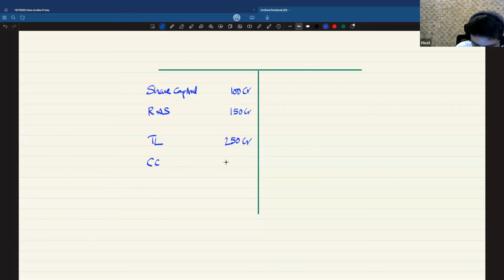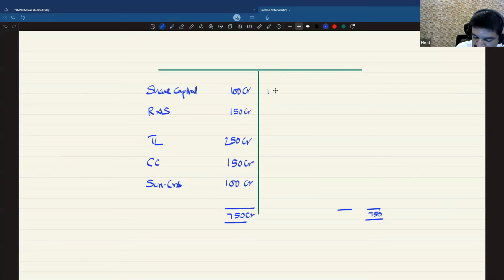They have cash credit of 150 crore. They have sundry creditors of 100 crore. So now the total works out to 750 crore. It means on the asset side also, obviously, they will be having 750 crore only. Now let's see what is the total of the 750 crore.